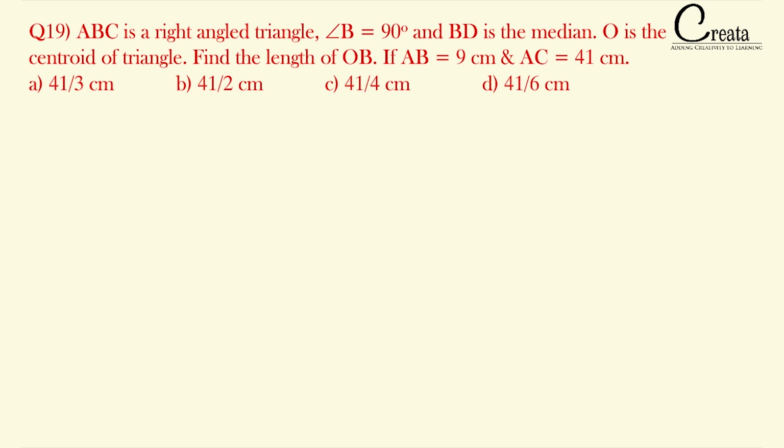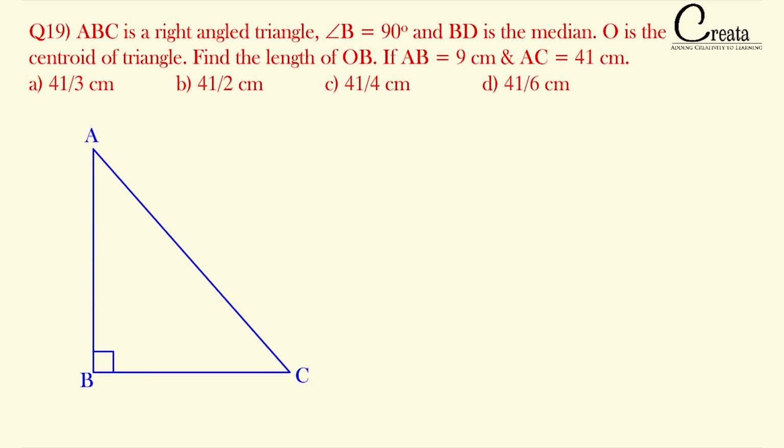Okay, our first step, we will observe and visualize the question. In this question, a right angle triangle ABC is given, which has a 90 degree angle at B. For this triangle ABC, BD is given as a median. If BD is a median, then D will be the midpoint, that is AD will be equal to DC.